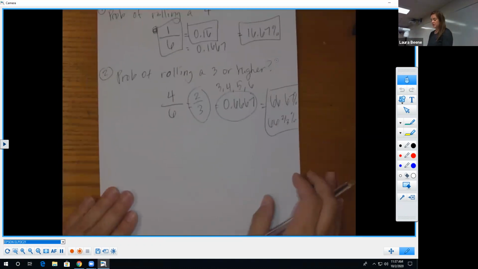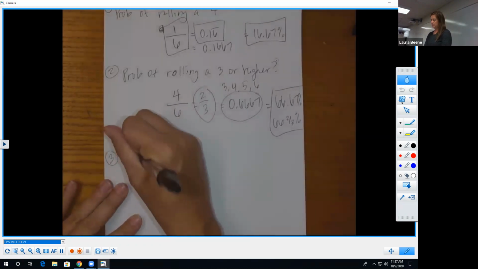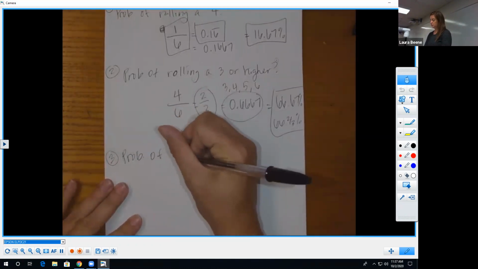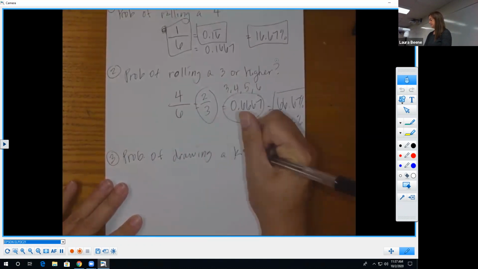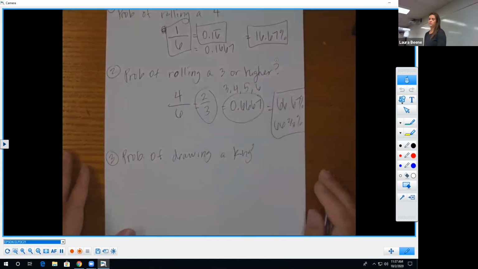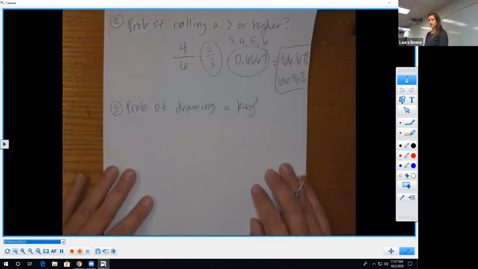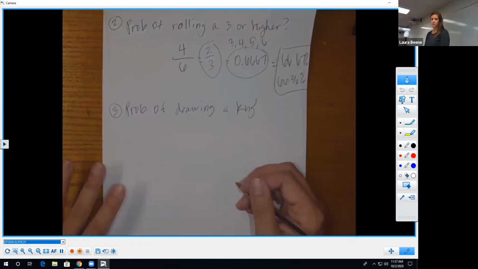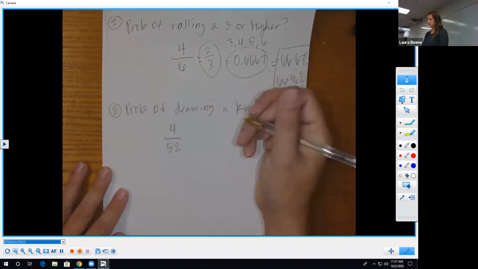Let's do a few card problems. What is the probability of drawing a king? Well, the probability of drawing a king would be how many kings are in the deck. There are 4 kings, 1 for each suit. So 4 kings out of 52.